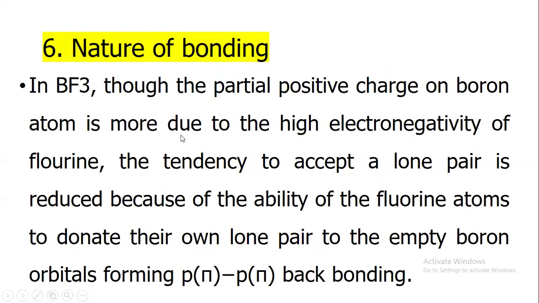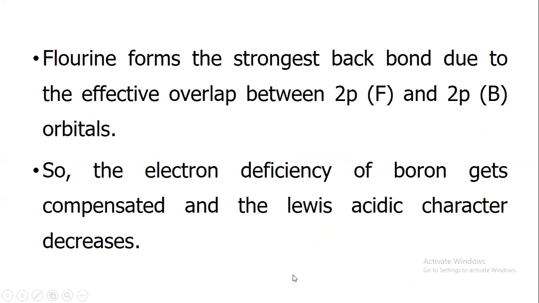Nature of bonding. In boron trifluoride, though the partial positive charge on the boron atom is more due to the high electronegativity of fluorine, the tendency to accept a lone pair is reduced because of the ability of fluorine atoms to donate their own lone pair to the vacant boron orbitals, forming pi back bonding.